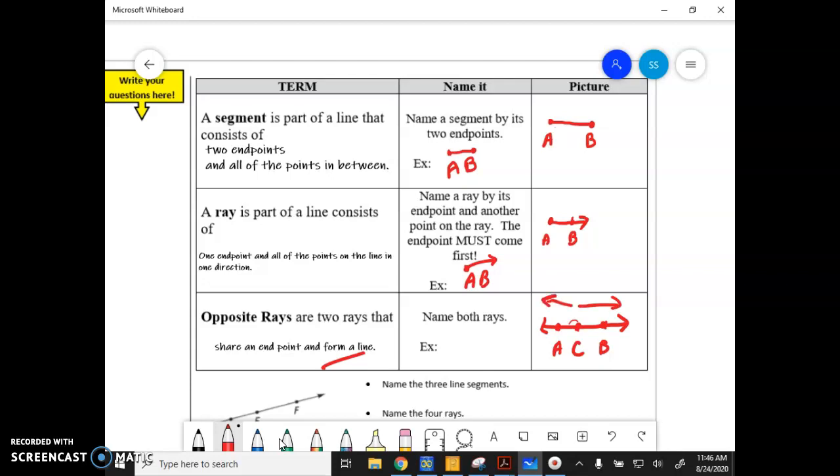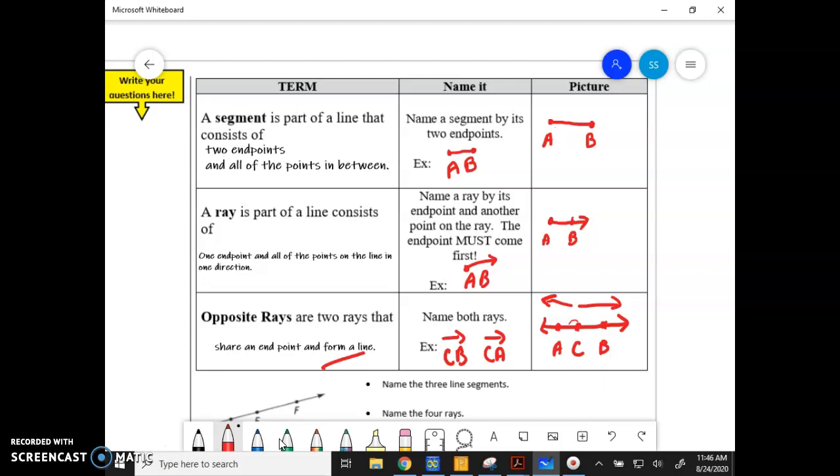Okay, so if we're going to identify these opposite rays, I would say CB and CA. Okay, and I know that CA goes this direction, but technically you're supposed to just identify them the same way. If you identify them as CA going the other direction, that's fine. I will totally be cool with that. Just kind of being technical there.